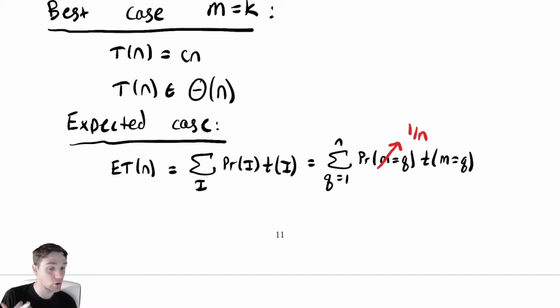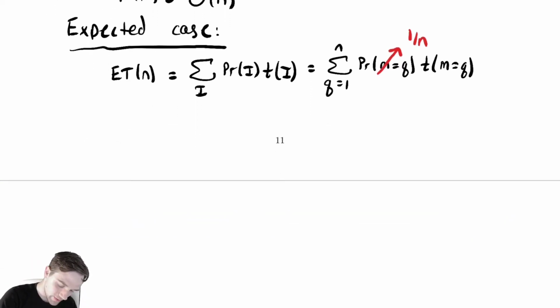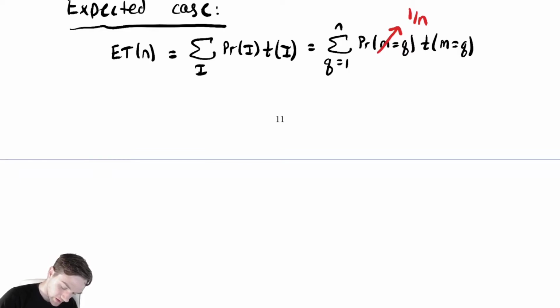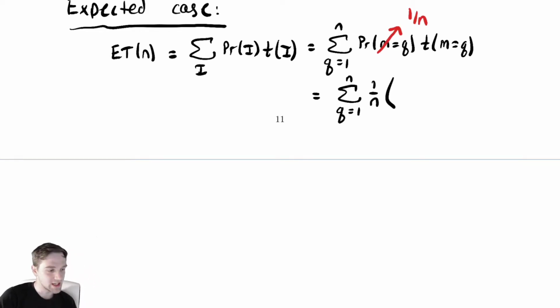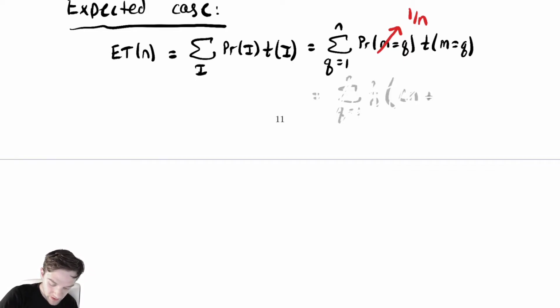And the time required suddenly gets peculiar, though. So let's try and write this down. If we have the sum from q equals 1 to n of 1 over n times the time, which is cn plus... We have an if statement there, and how do we know which part of the if statement to do is not necessarily obvious. So instead, we're going to try to draw a number line here to understand this.